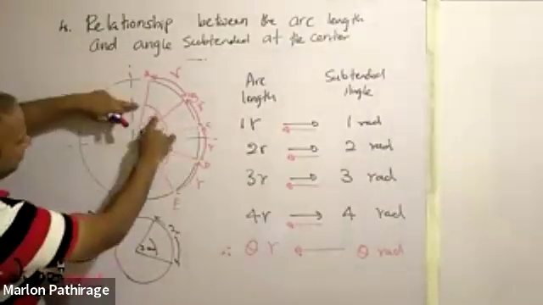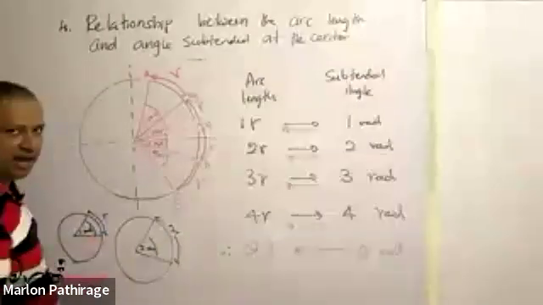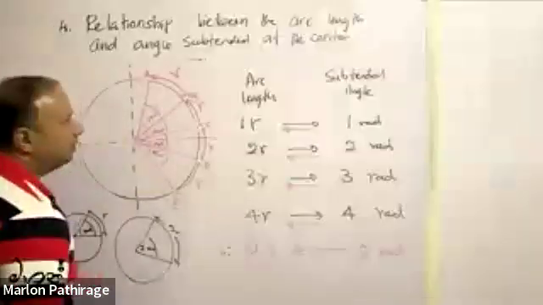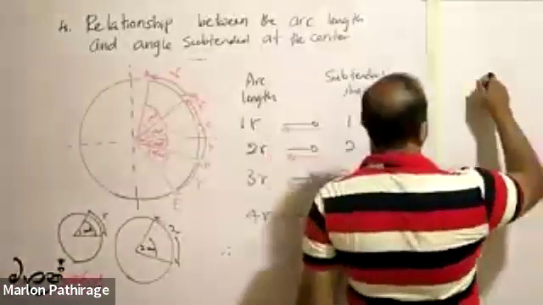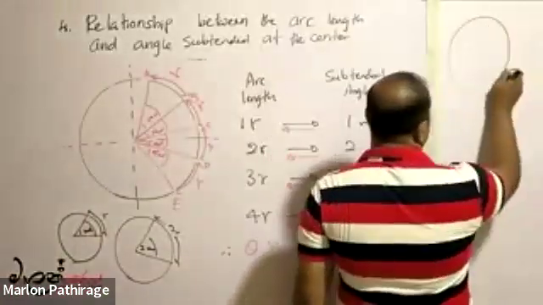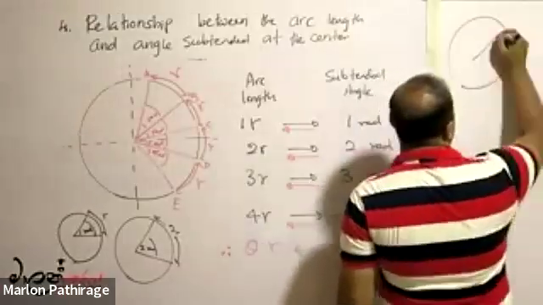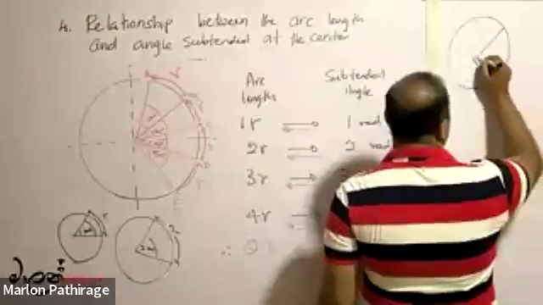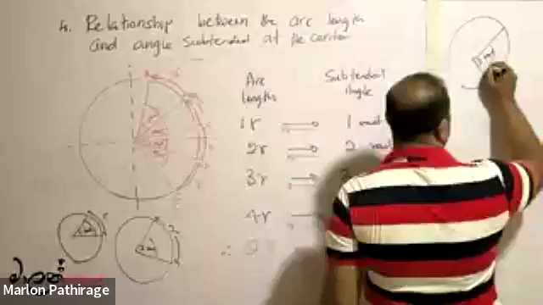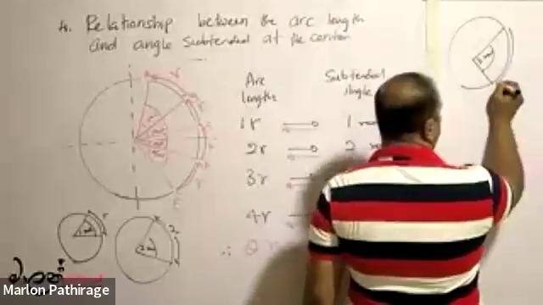If the angle is 3 radian, the arc length is 3r.